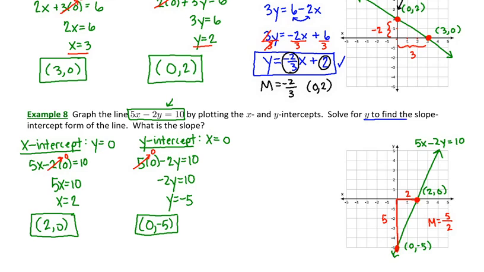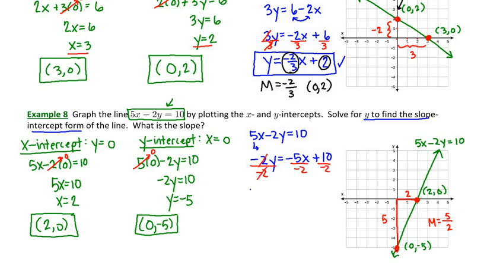We're going to solve for y to find the slope-intercept form. So we begin with our general form, 5x minus 2y equals 10. We'll subtract 5x from both sides, and this time I'm going to put it in front of the 10. Remember, we're going for the form mx plus b. And then we'll go through and divide all three terms by negative 2.